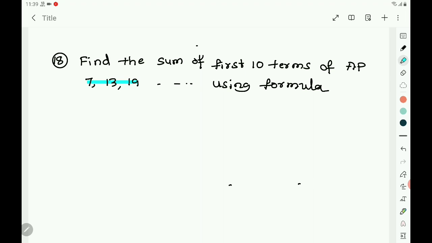Then you write the given progression 7, 13, 19 and so on.